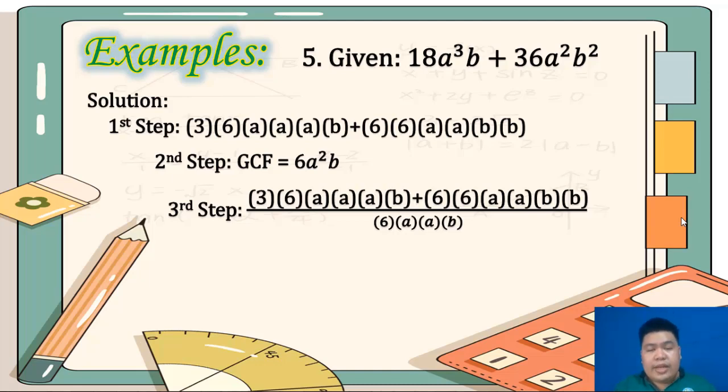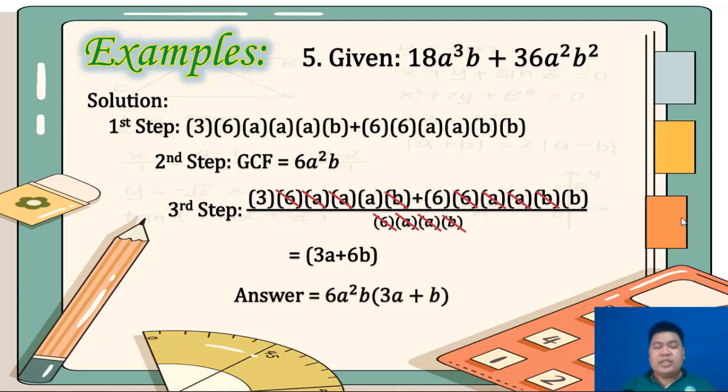Then the next step is to cancel out. Then the next step is to write the remaining factor, which is a plus 2b. Is that our final answer? No, that is not our final answer, because our final answer is 18a squared b, quantity a plus 2b.